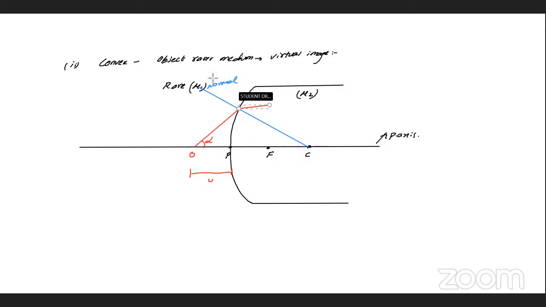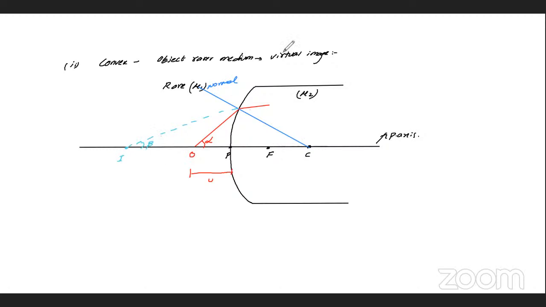Now I'm going to trace backward. When tracing in the backward direction, the image will be formed in front of the mirror. When you trace a line, the image is formed at this point. This is your image.